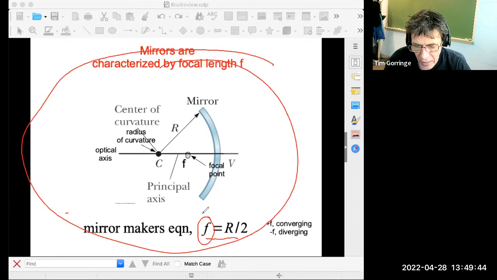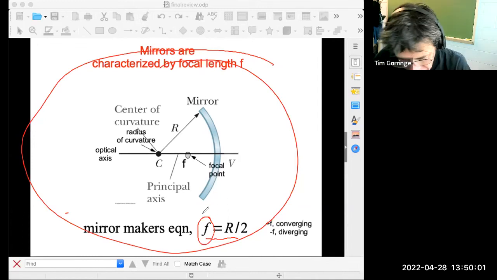If it only gently converges, that's a large focal length. And the same for diverging. If it strongly diverges, that's a small negative focal length. If it diverges just gently, then that's a large negative focal length. So that's the personality of the mirror, described by the focal length.